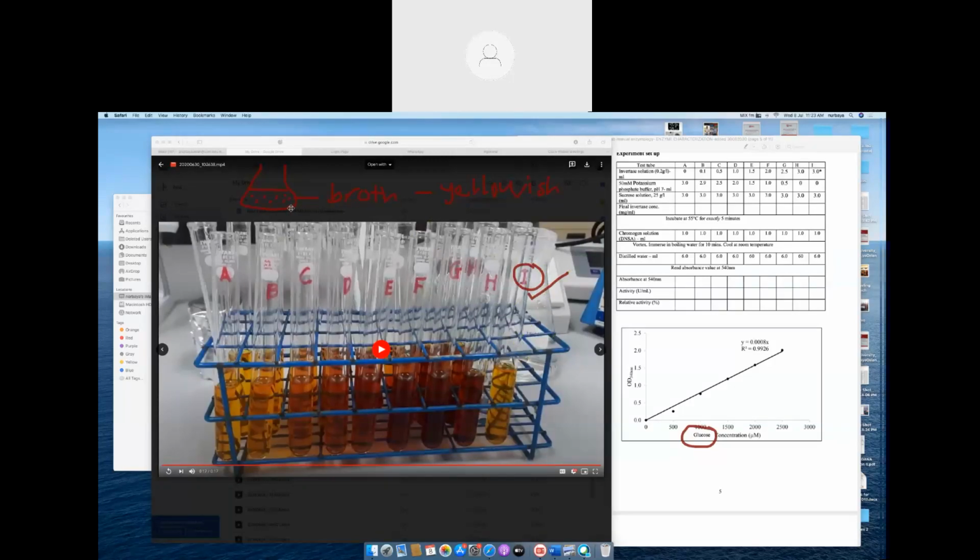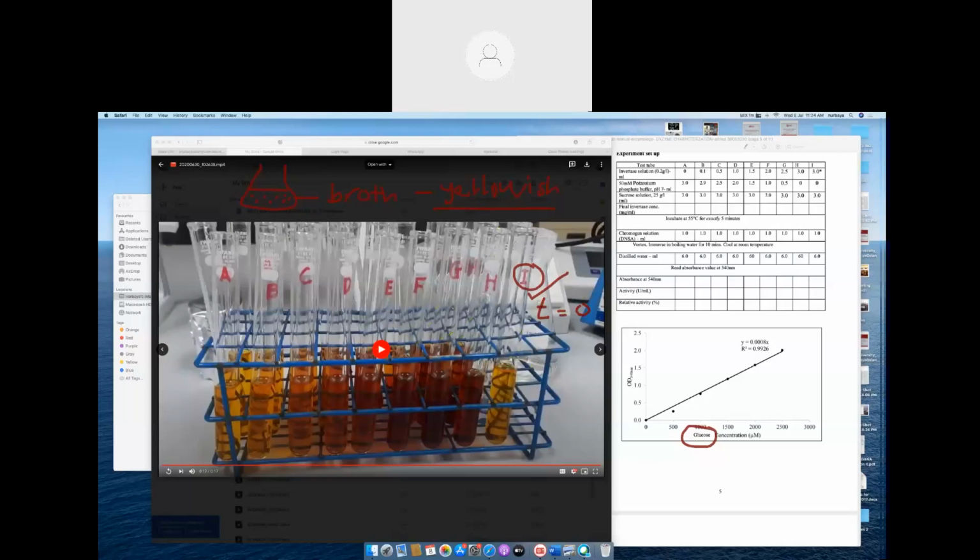If you kill the enzyme, the yellow color of the broth still will be there, but you kill the enzyme earlier inside the broth. So this one, the T0, will carry the yellow color of the broth throughout the experiment.